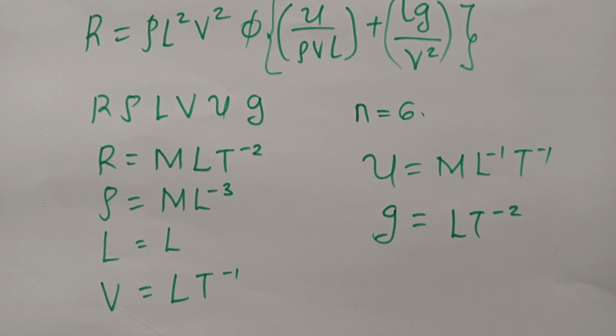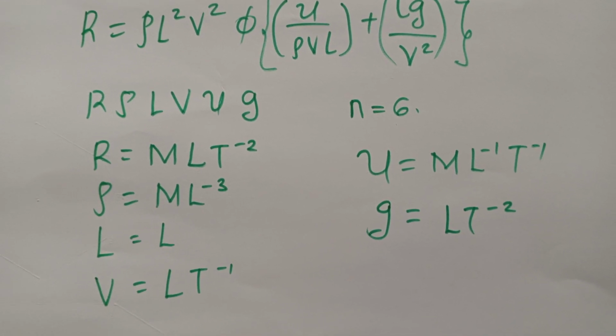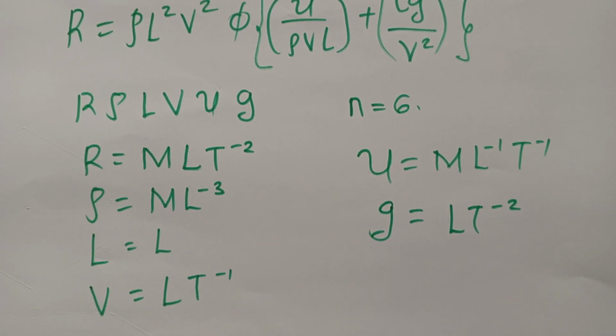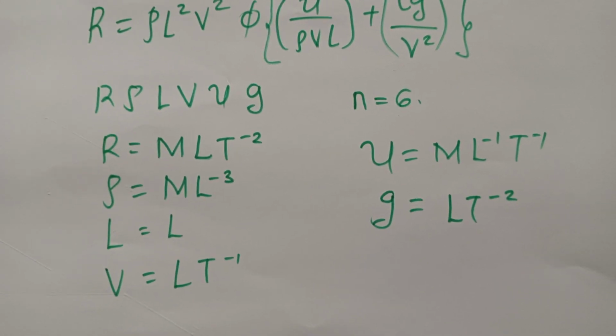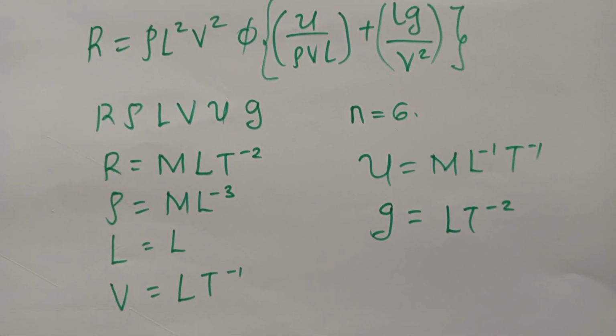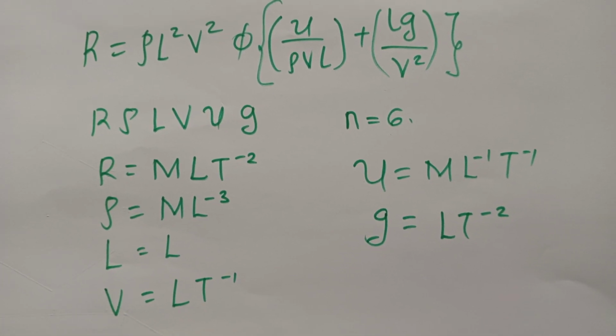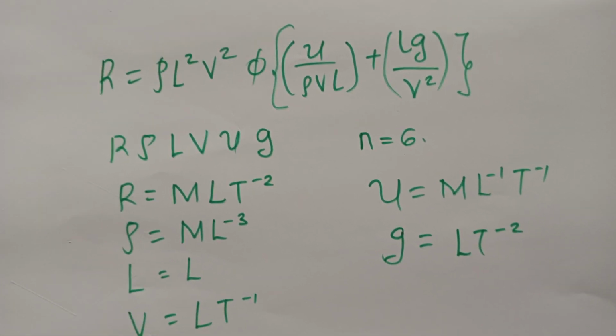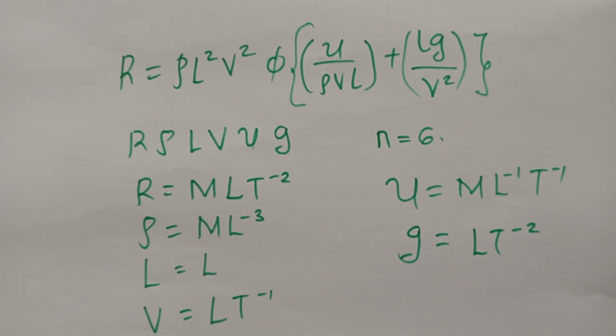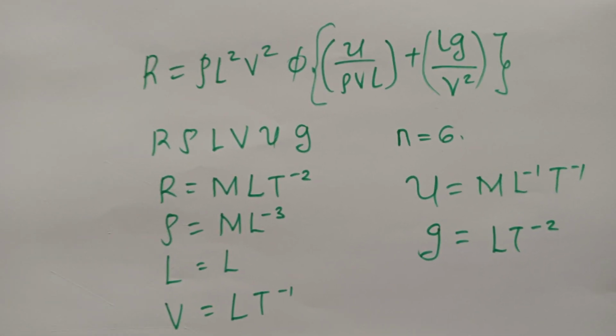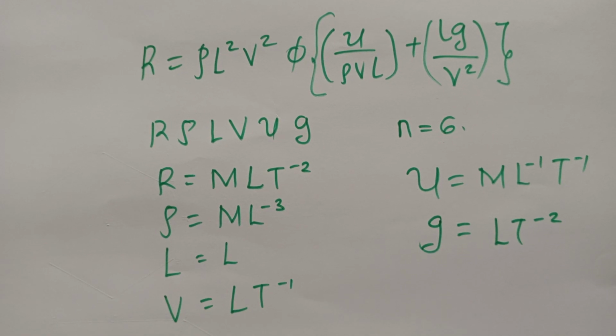Now let's identify the repeating variables so we can know how many pi groups we are going to have. If you still recall, we said to identify the aspects of dimension and, considering the most repeating, get the dynamic quantity and the geometric quantity.